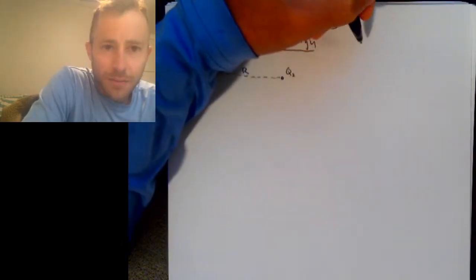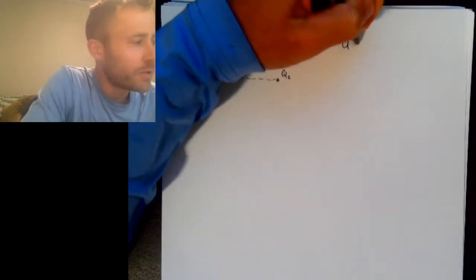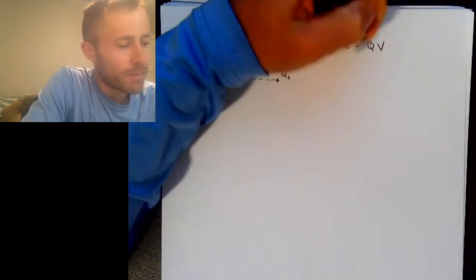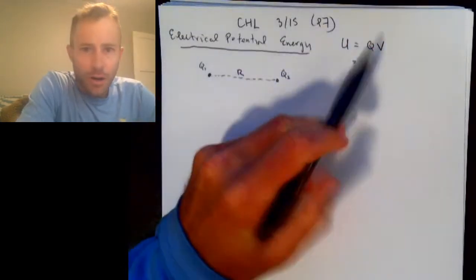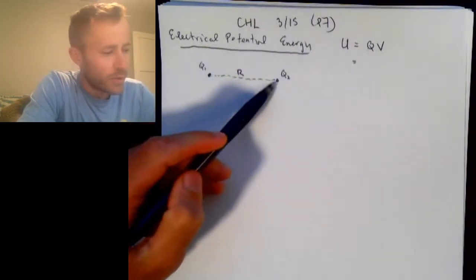Then from the definition of electric potential, the electrical potential energy is Q times V. So the charge is the charge that we placed in the electric potential, so that's Q2.